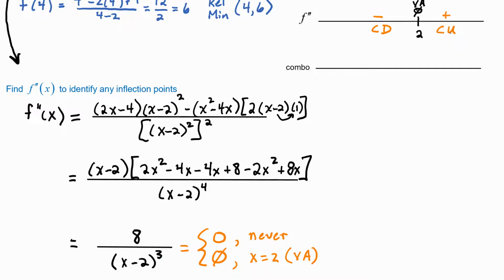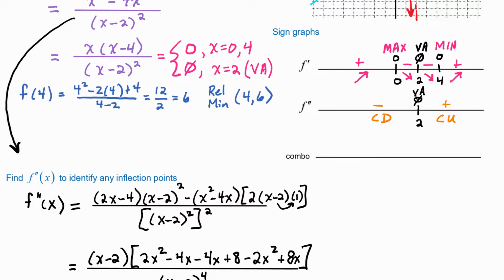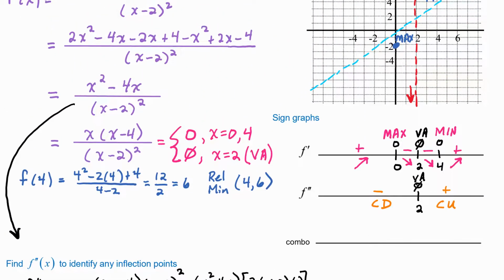And now we are ready to work on the combo chart. Remember that we're going to put any value for x that appears in either chart. So we have to put x equals 0, which we know is a max, x equals 2, which we know is a vertical asymptote, and x equals 4, which we know is a min.